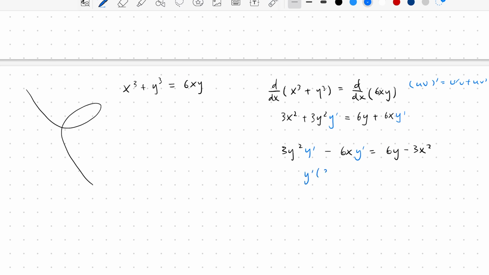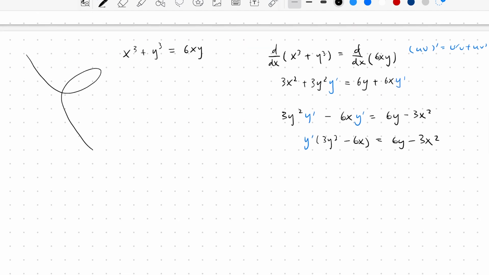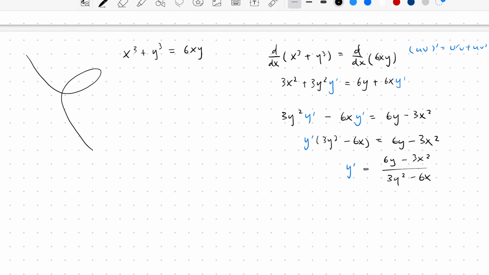So we get (3y squared minus 6x) y prime is equal to 6y minus 3x squared. And now we can say that y prime is equal to 6y minus 3x squared all over 3y squared minus 6x. And that's it. That's sufficient. That's the form we are required to leave it in.